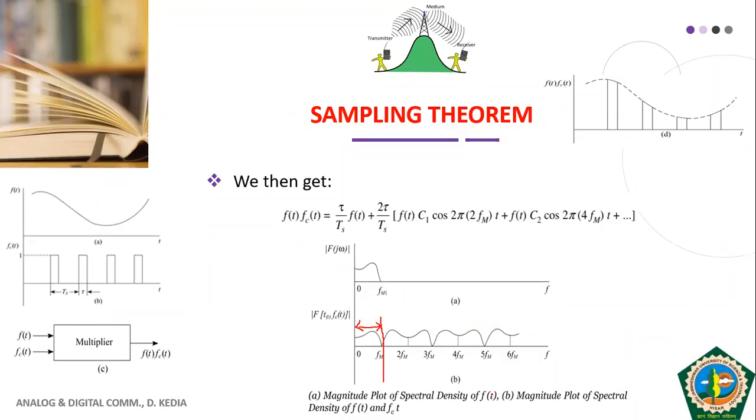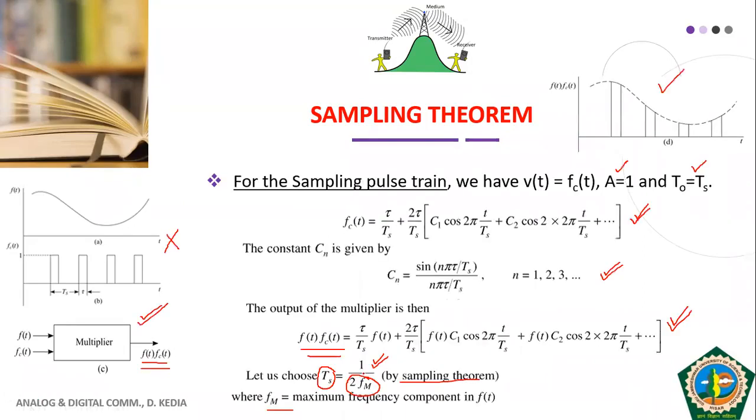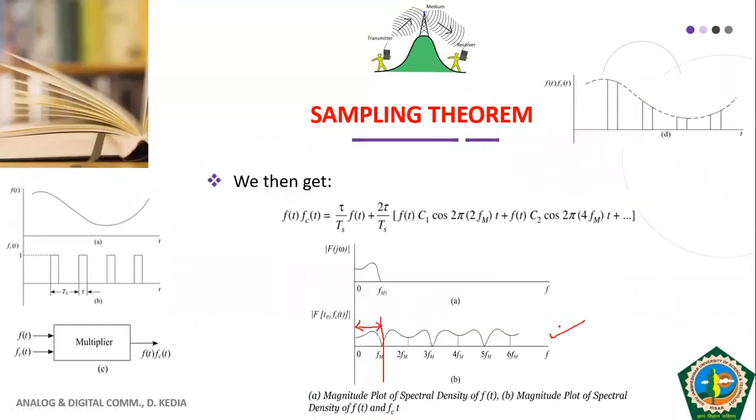So if I pass this through a low pass filter, my original signal can be recovered. And how has this become possible? This has become possible by ensuring that my sampling time period is 1/2fm. If I do not ensure this, I will not get such a thing.